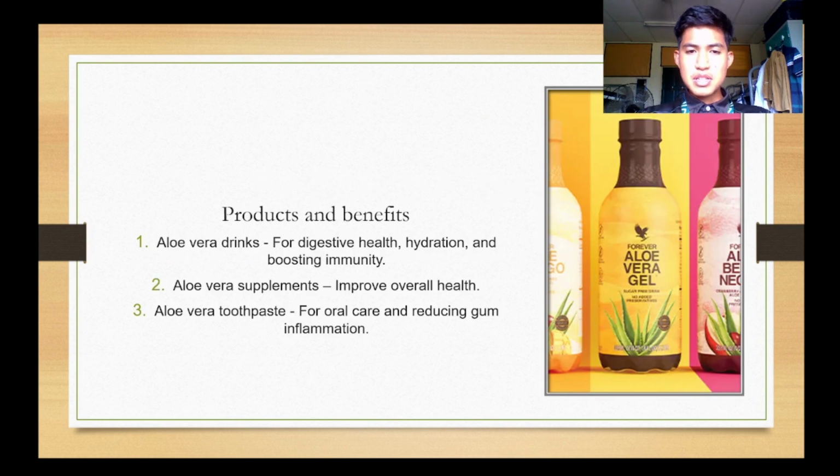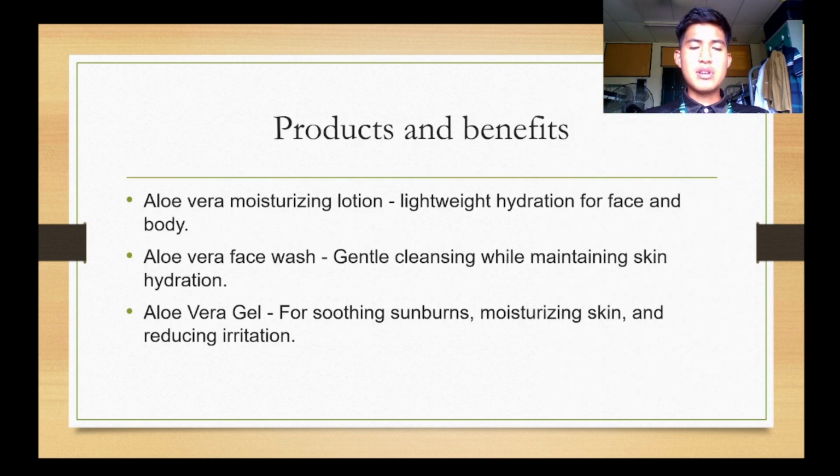When it comes to the products and benefits, there are a lot. What most people know aloe vera for is as a moisturizing lotion. There is aloe vera gel and also face wash, basically used for skincare. So obviously aloe vera can be used to hydrate your skin, cleanse your skin, and moisturize your skin, also reducing irritation.